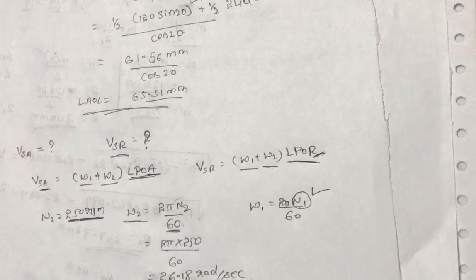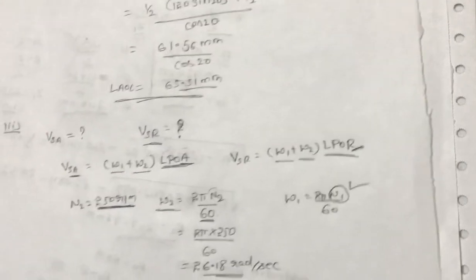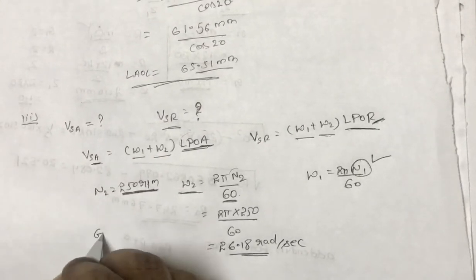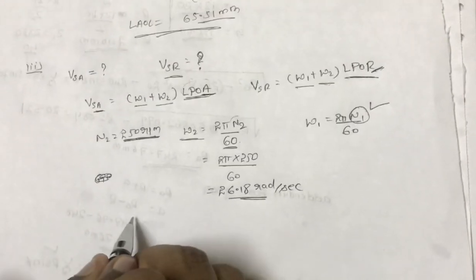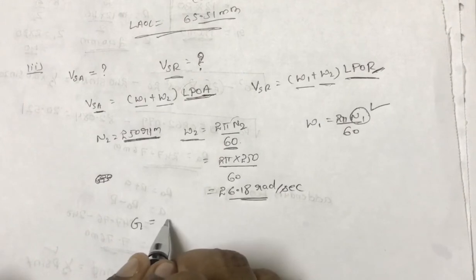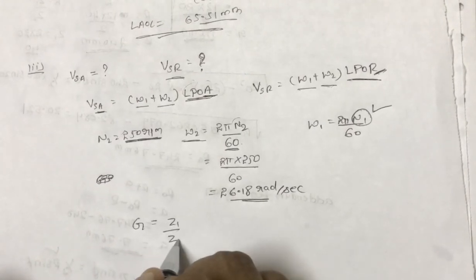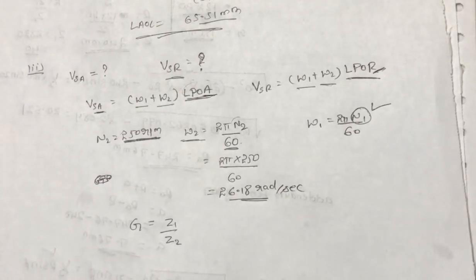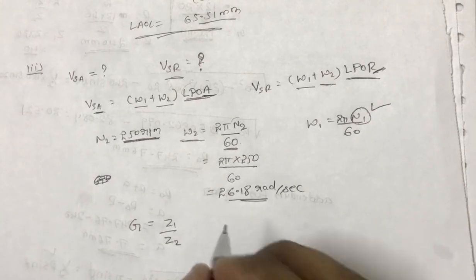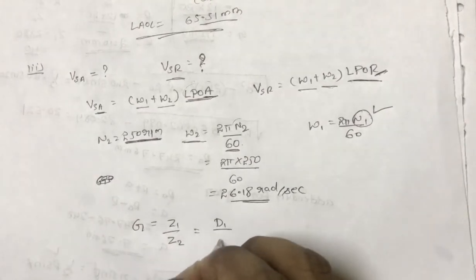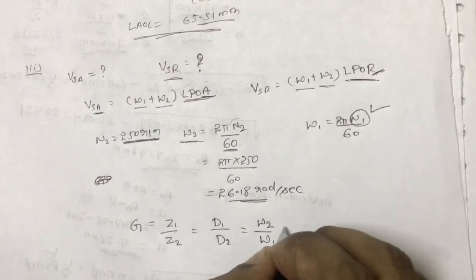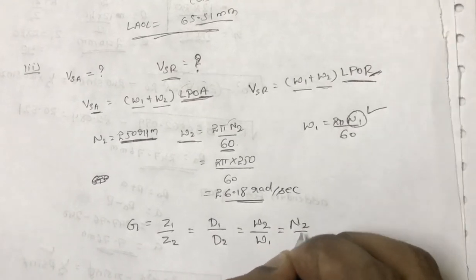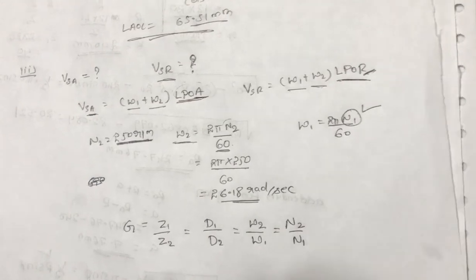So how to find out? Don't worry, we have one more relation, that is G. G is equal to Z1 by Z2, correct? That is the gear ratio, and this is also equal to D1 by D2, and also equal to omega 2 by omega 1, and also equal to N2 by N1.